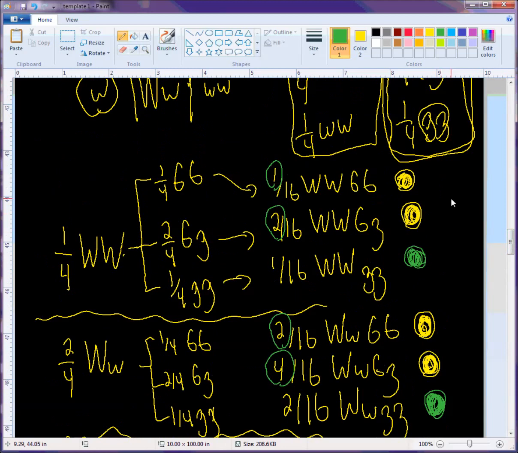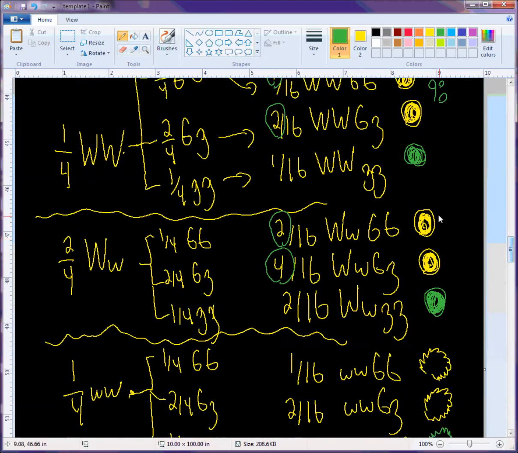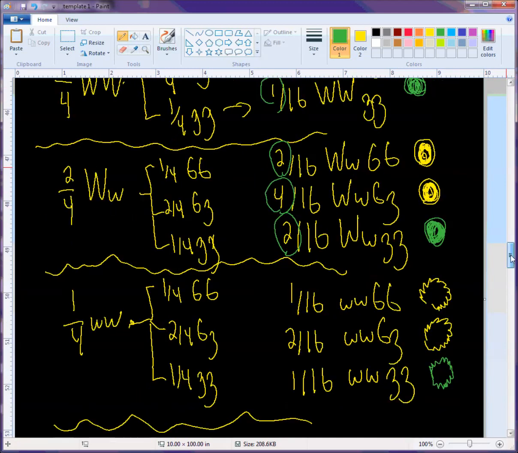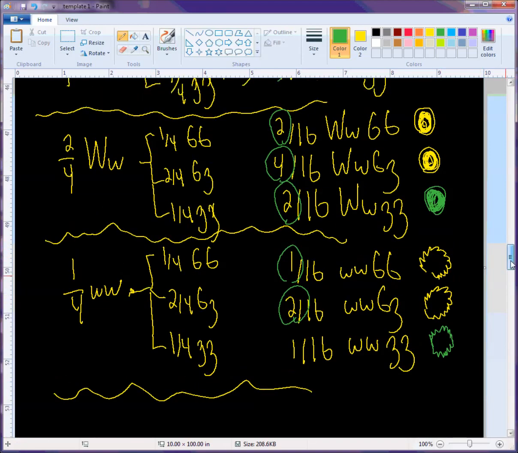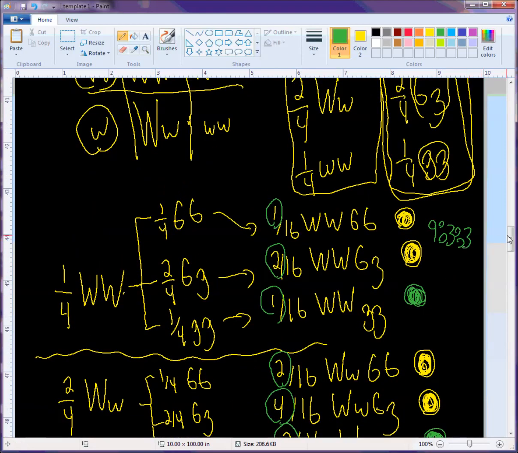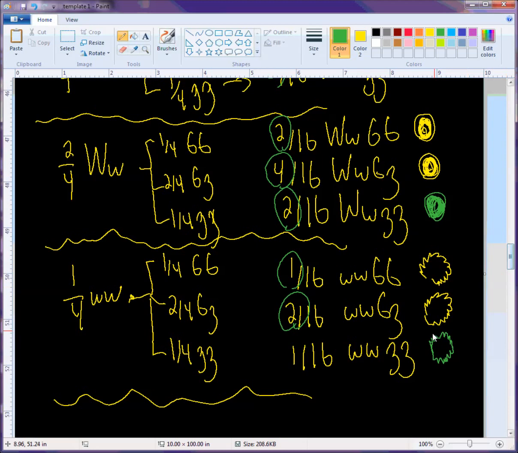Okay, so we have 9 yellow and round, and let's see if we have 3 green and round. We have 1 here and 2 here, so that's 3. Let's see if we have 3 yellow and wrinkled. We have 1 here, 2 here. Yeah, okay, and let's see if we have 1 green and wrinkled, and we do.